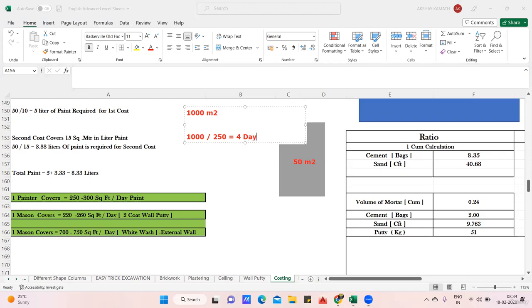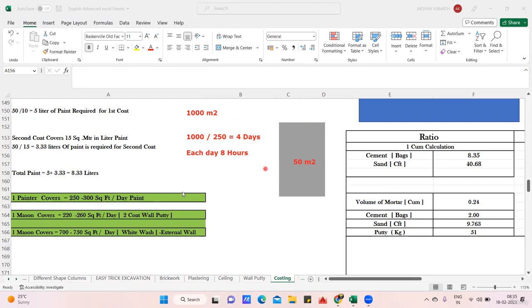I require 4 days, and each day is 8 hours of work. Whenever you see a productivity chart, it is for 8 hours, which is the normal hours we take to find the productivity. So if I deploy one painter for 4 days, he can cover the area.